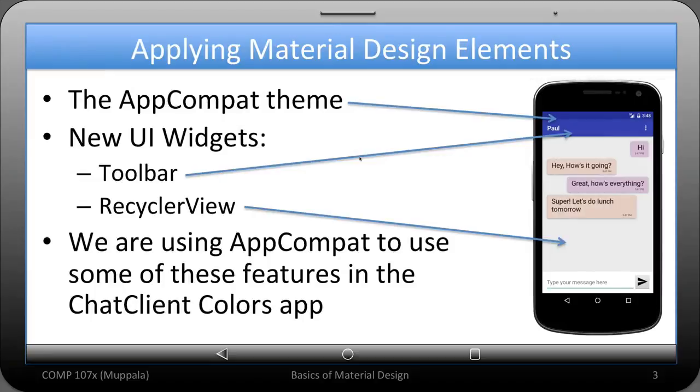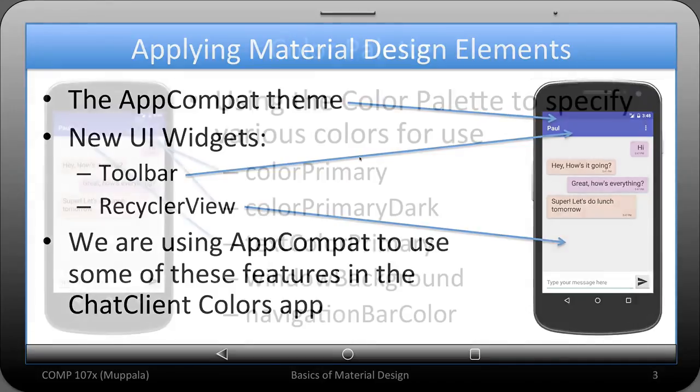So getting back to our chat client example, you will see that on the user interface, I have applied the AppCompat theme. So if you visit the styles.xml file, you will see me using the AppCompat theme there. And then we also incorporated two new UI widgets, the Toolbar and the RecyclerView, in redesigning the user interface.